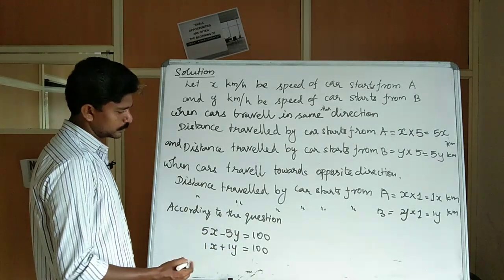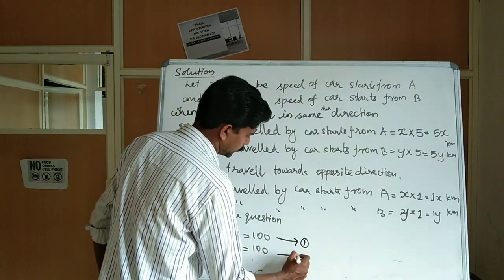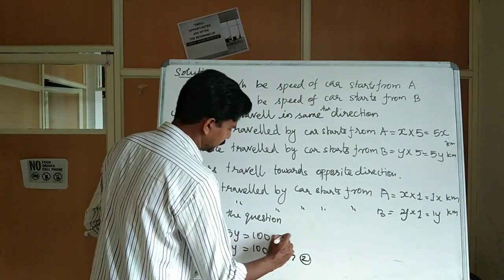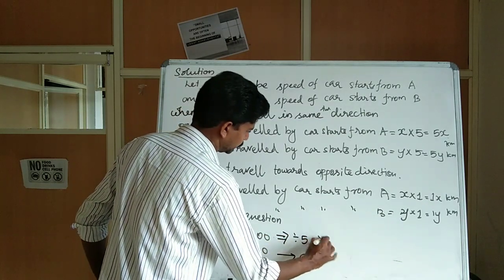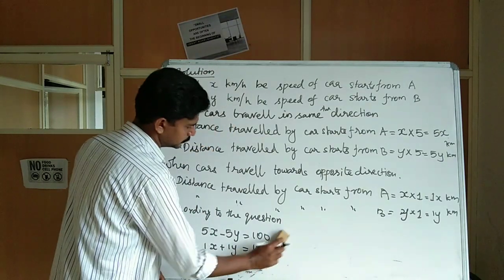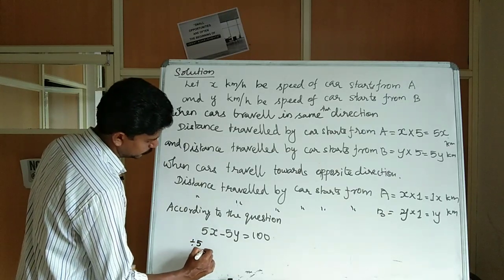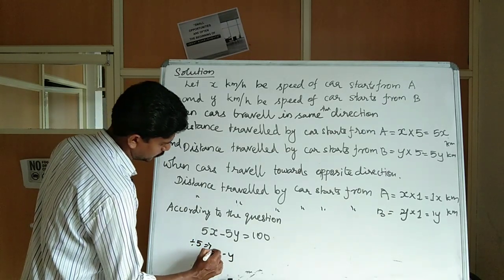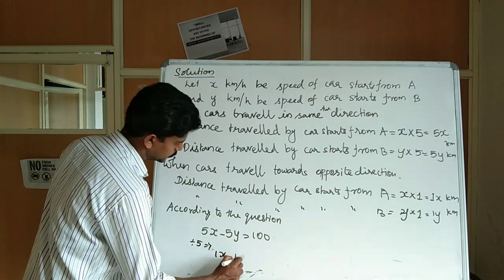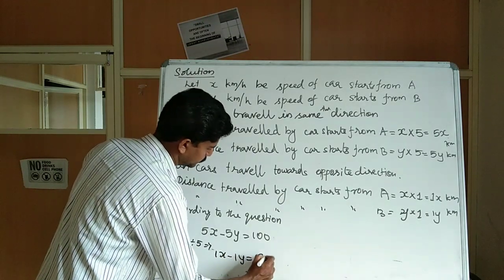So we divide the first equation by 5, and we get 1x minus 1y is equal to 20.